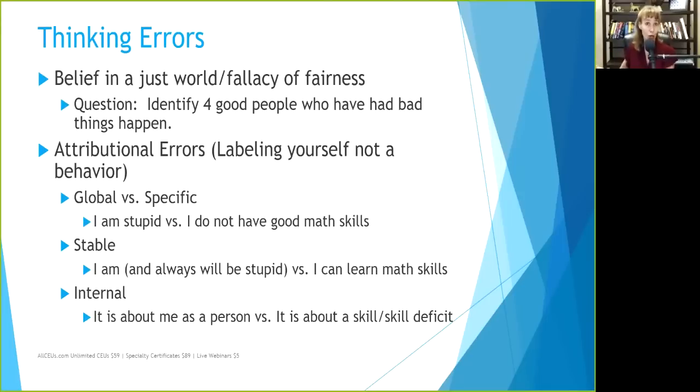It's something I can learn. Internal: it's about me as a person versus it's about a skill deficit or something I could learn or change. There's lots of information on attributions out there on the internet if you need a refresher on it. But we find that a lot of people who have dysphoria have negative, global, stable, internal attributions.